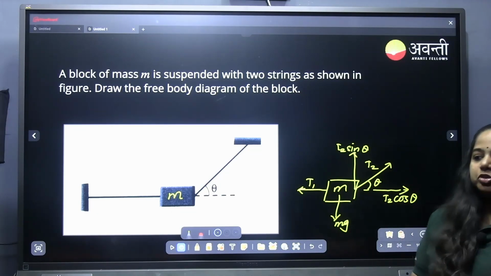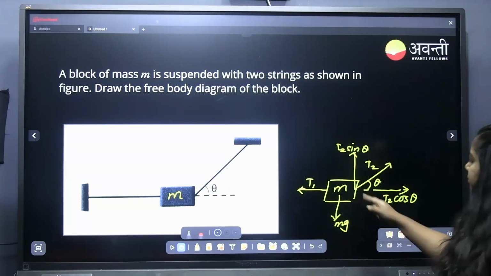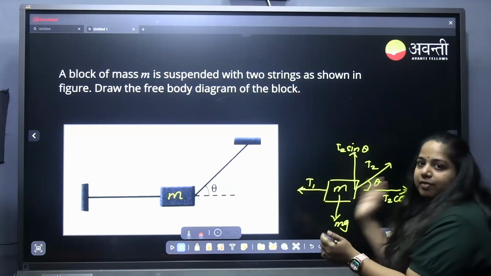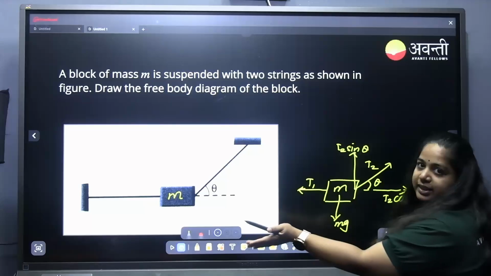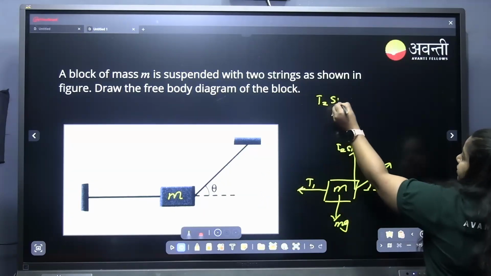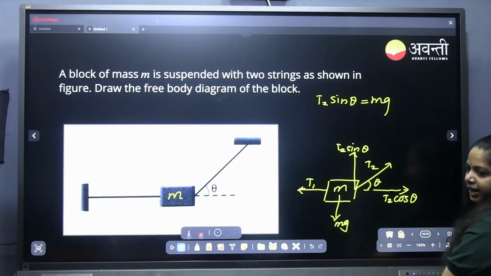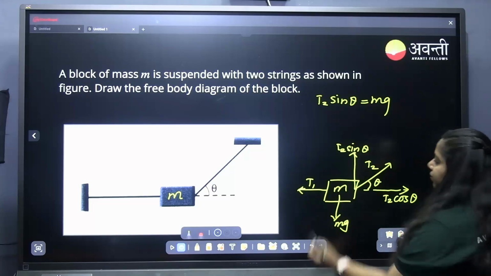So you should know vectors very well to study this chapter. Okay. After resolution of components, we will equate the forces horizontally and vertically. Since it is in equilibrium and not moving, we can say that T2 sin theta will be equal to mg, because mg is acting downwards and T2 sin theta is acting upwards, so they cancel out.